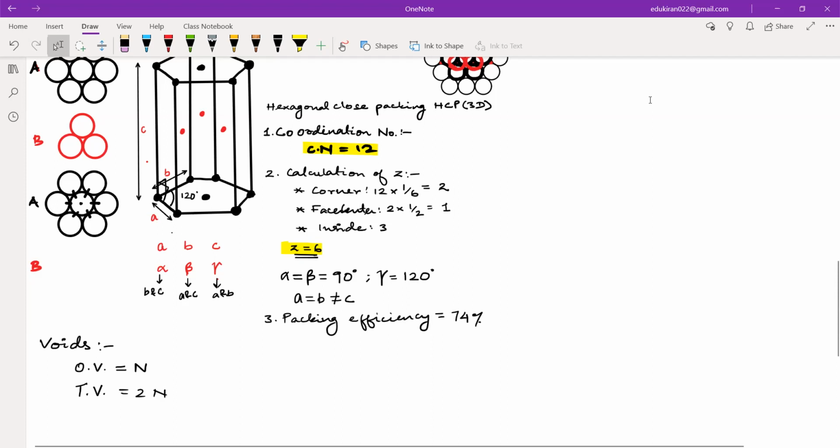Got one answer. Let me see. अरे भाई साहब, Krishna, how many atoms are there in the unit cell?